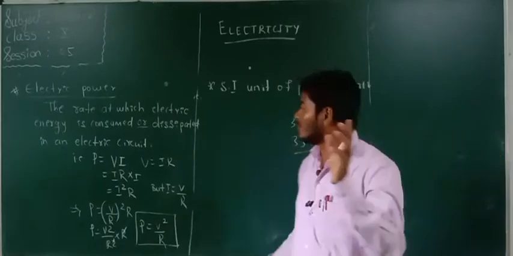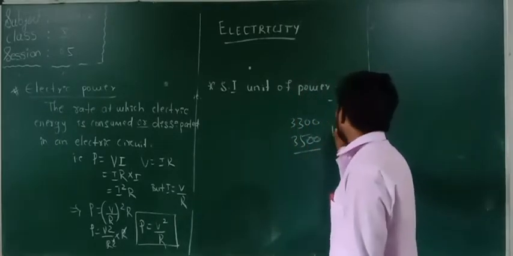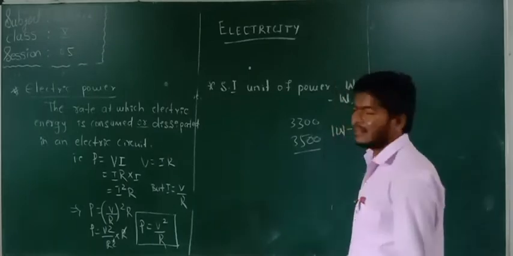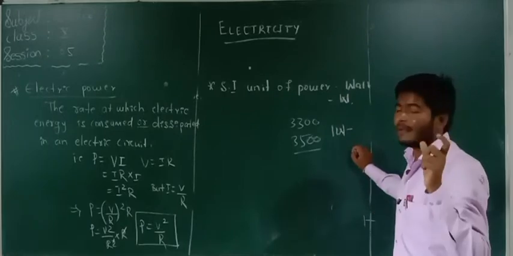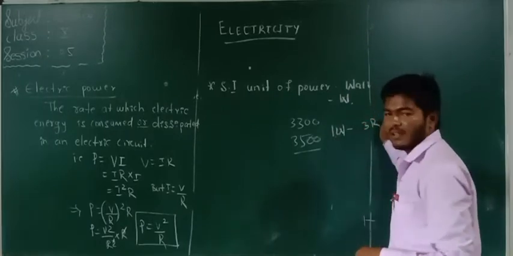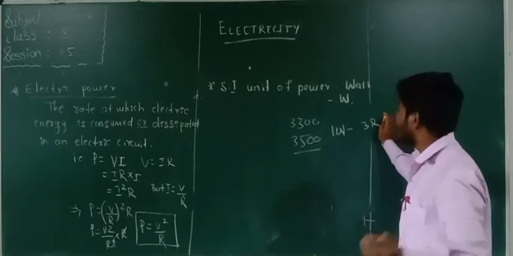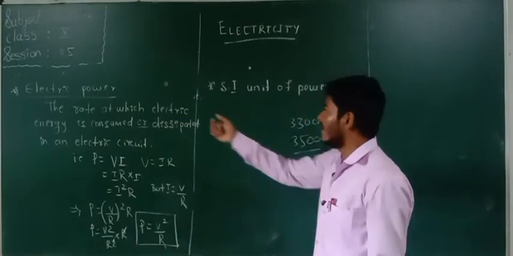Based on this unit they charge, because they have some amount for 1 watt. If you consider today's price of electricity, for 1 watt they charge 3 rupees, isn't it? Based on this, they give the electric bill, that is, by using the electric power.